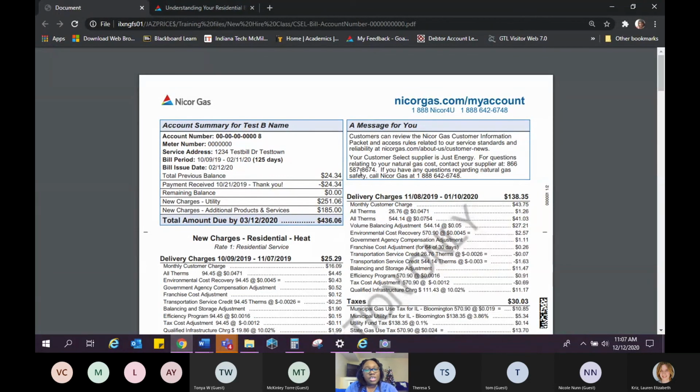For questions related to your natural gas costs, contact your supplier at this phone number. And a lot of customers don't know that their supplier phone number is actually on their bill, and who they are is on the bill. Now, if it's regarding natural gas safety, of course, call NICRA Gas. You do want to call us for that, and we also list our phone number in that message for you as well.